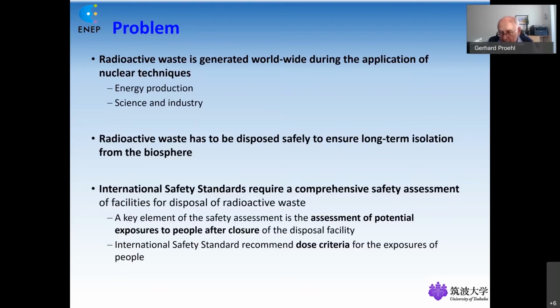In any of these safety assessments, a key element is the assessment of potential exposures to people after closure of the disposal facility. And these standards also recommend criteria for the exposure of people.